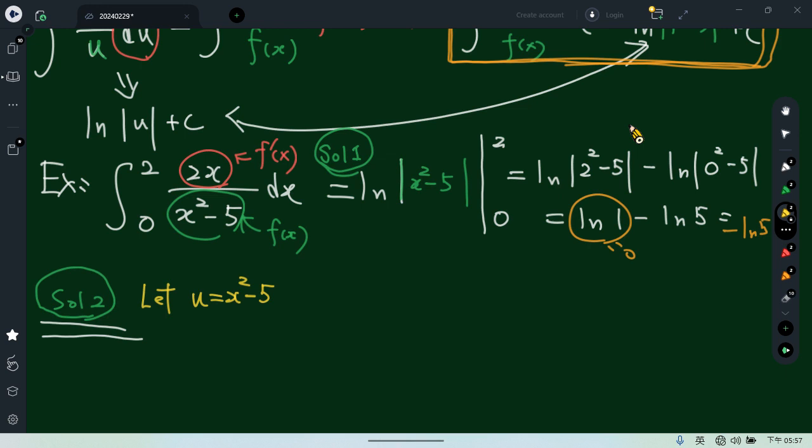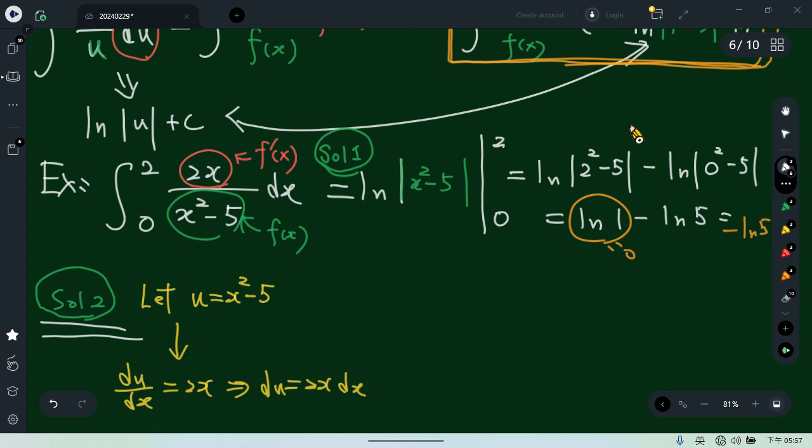Try to find du over dx. Yes, correct. So then you should immediately calculate du over dx. So that will be 2x. So du will be 2x dx.